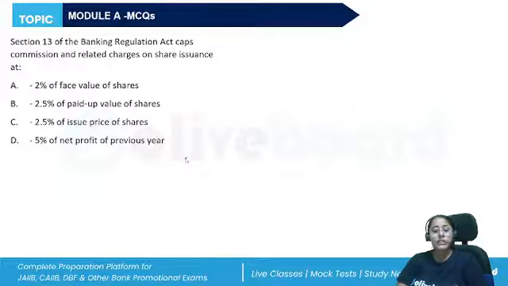So, how should the payment on this account be done? 2% of the face value of the shares, 2.5% of the paid up value of the shares, 2.5% of issue price of the shares, or 5% of the net profit of the previous year. How should the payment be done?